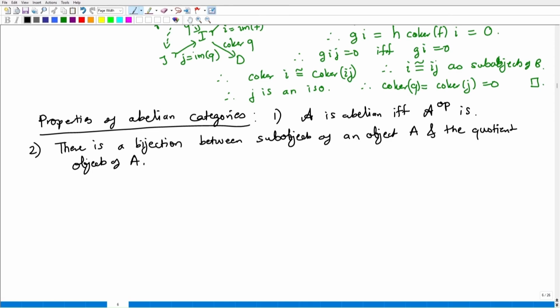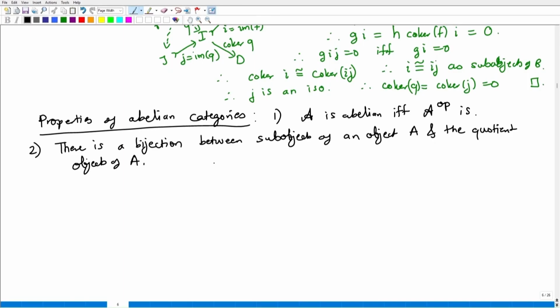Similarly, quotient objects are isomorphism classes of epimorphisms with that target. We have done the poset reflection. So those are subobjects. Similarly, you do the same thing with epimorphisms with the same domain instead of codomain.